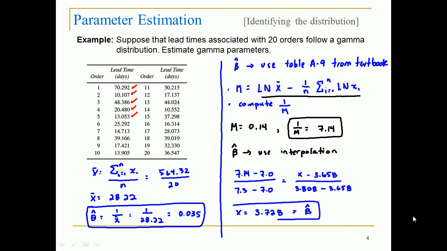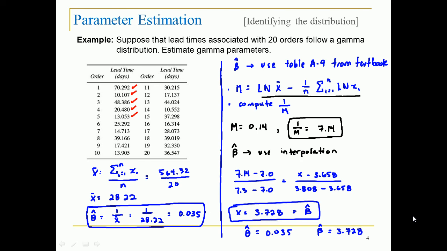So for these data points that we know follow a gamma distribution, the parameters for that gamma are theta equals 0.035 and beta equals 0.03, beta hat equals 3.728.